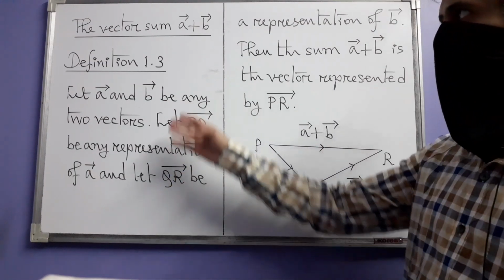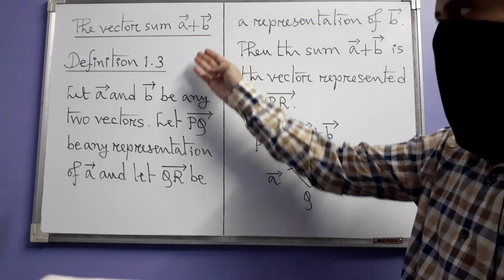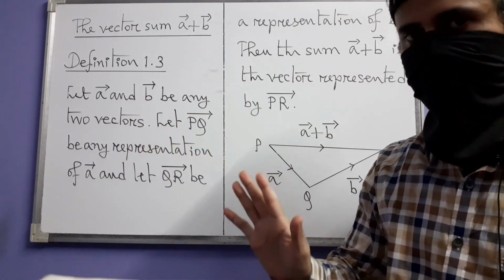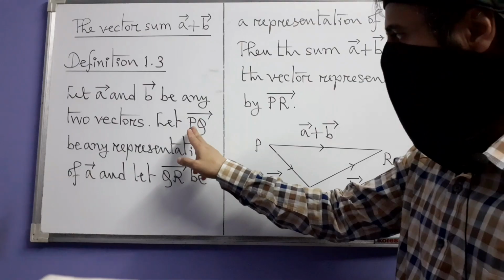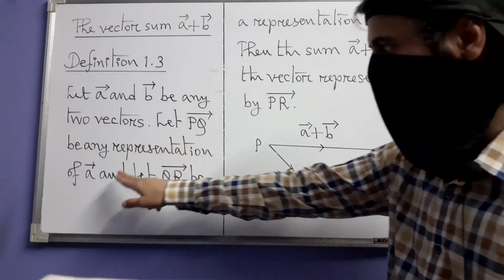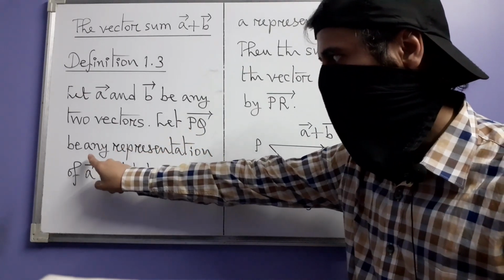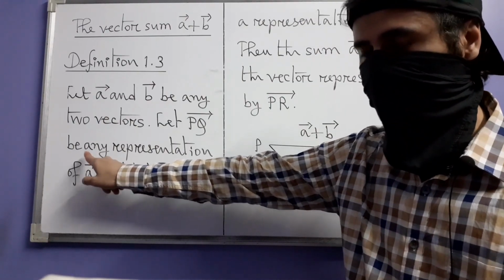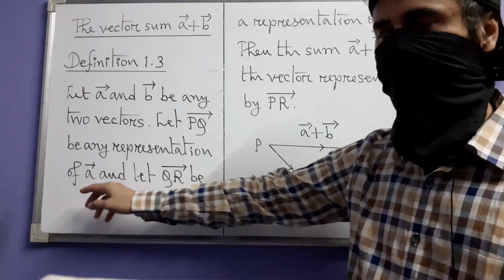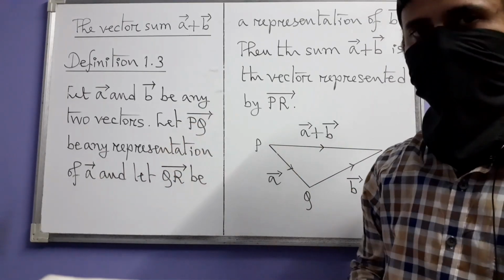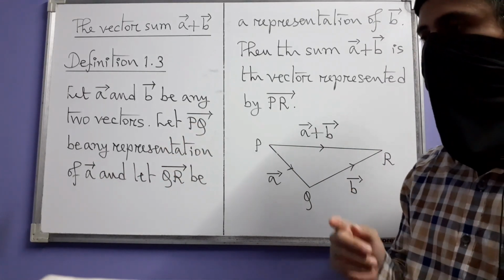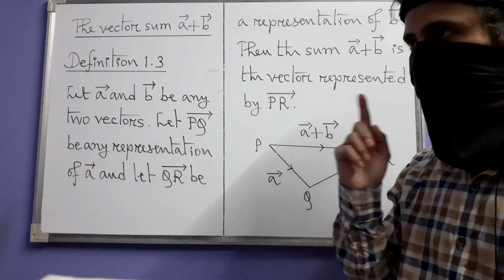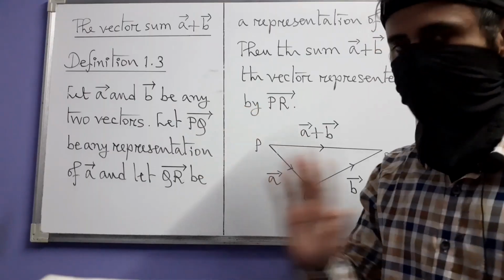So here is the definition of the vector sum a plus b. Let a and b be any two vectors. So these are abstract vectors. Let PQ be any representation of a. You look at this word any carefully. Any representation of the abstract vector a. And you also recall at this stage that we have decided to use directed line segments, which are geometric quantities, as our models for abstract vectors.